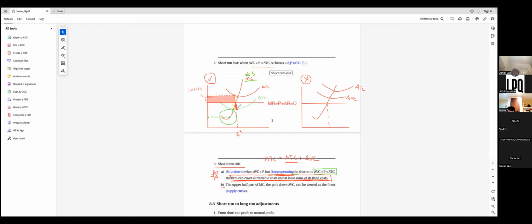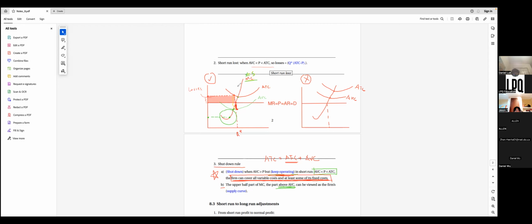You only produce on the upper half part of the supply curve and the marginal cost curve.